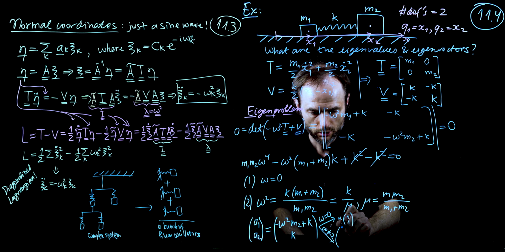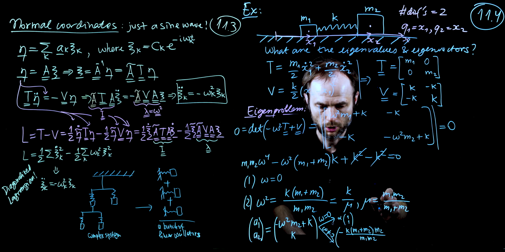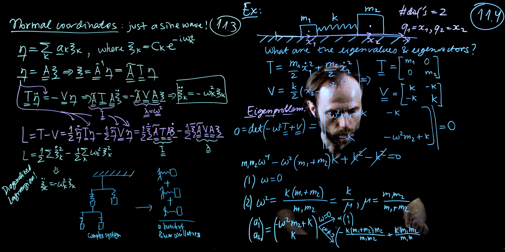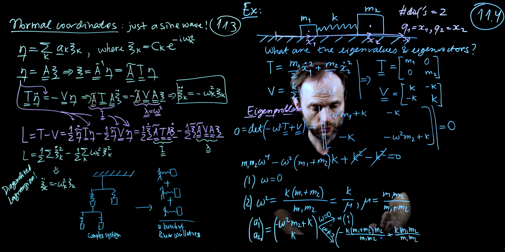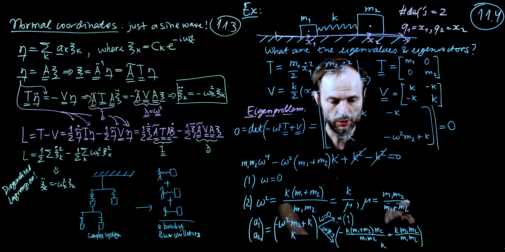So it will be minus k times m1 plus m2 times m2 divided by m1 m2, multiplied by m2, plus k m1 m2 divided by m1 m2. And for the other one, we just have k. So that's pretty easy.